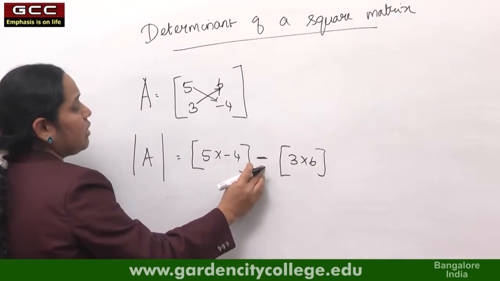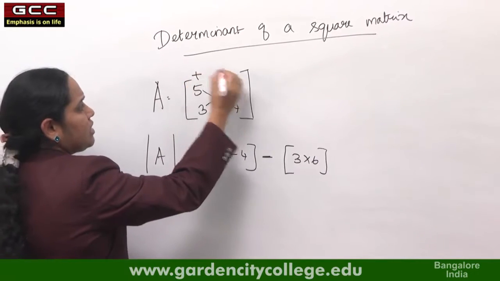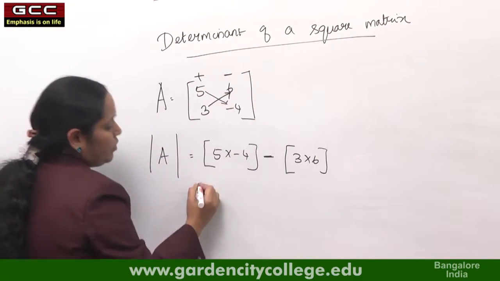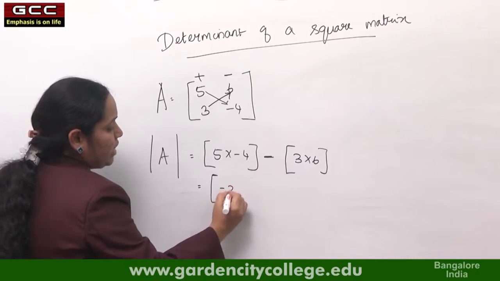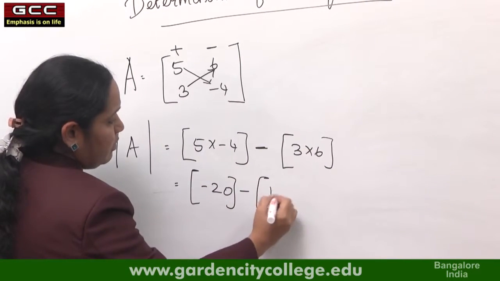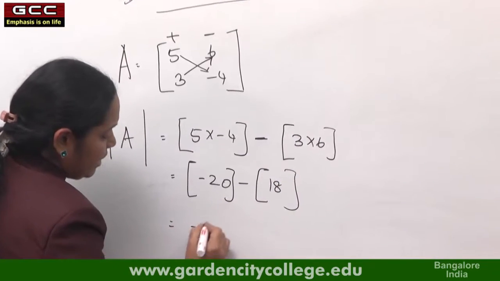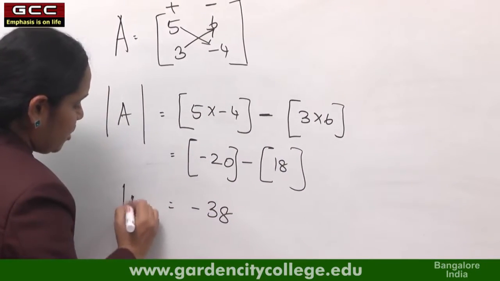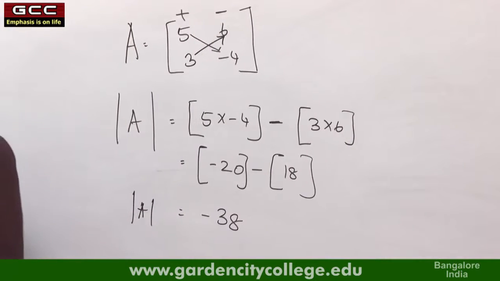Why is there a minus here? Because the position says this is plus and this is minus. So, here it is minus 20 minus 18. So, the answer is minus 38. So, determinant of A is equal to minus 38.